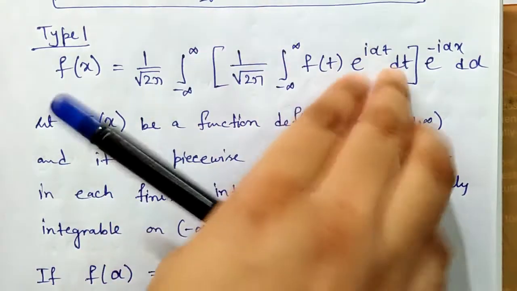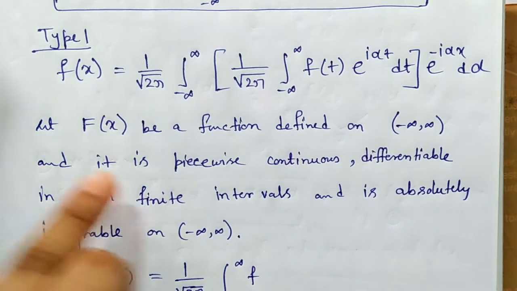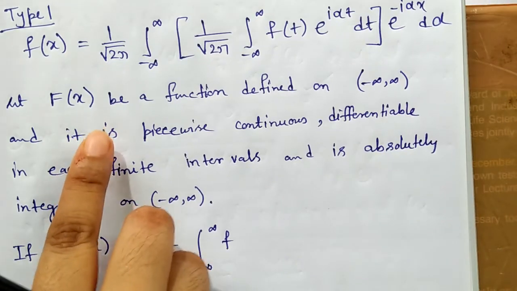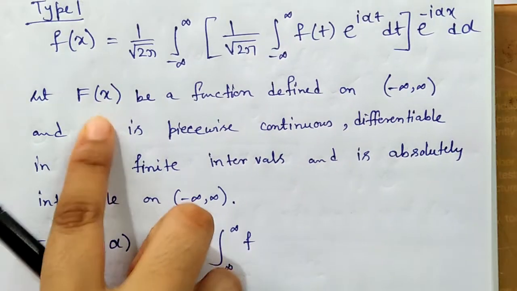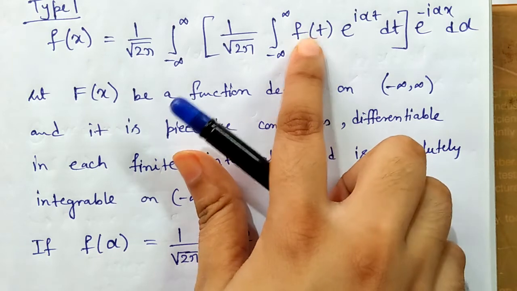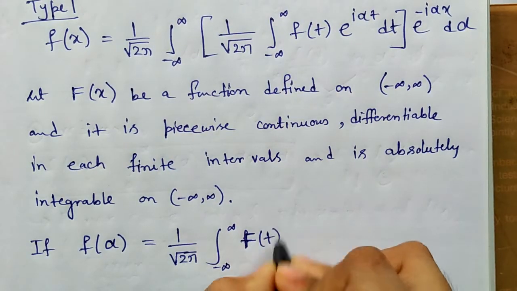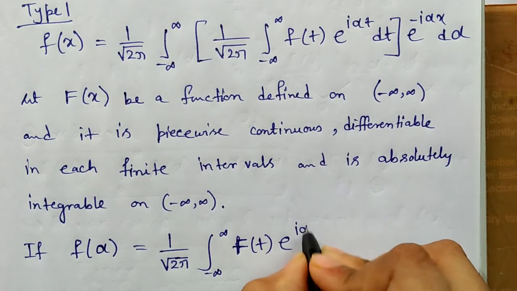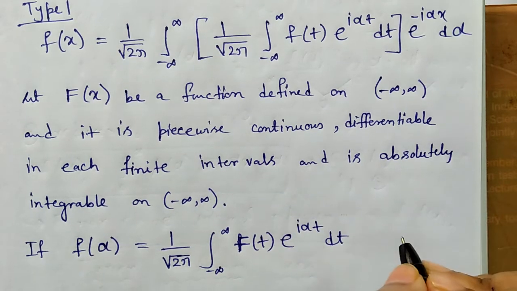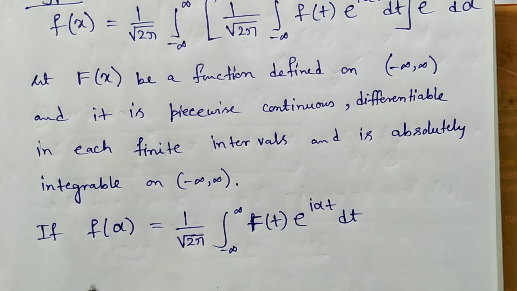But here we have mentioned that this F(x) is now our given function, so we are writing capital F(t) in that place, that is capital F(t) e to the power i alpha t dt. This is f(alpha).